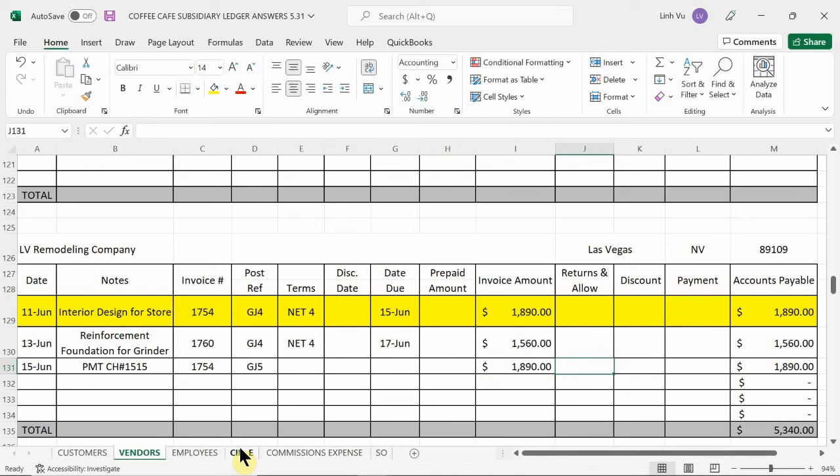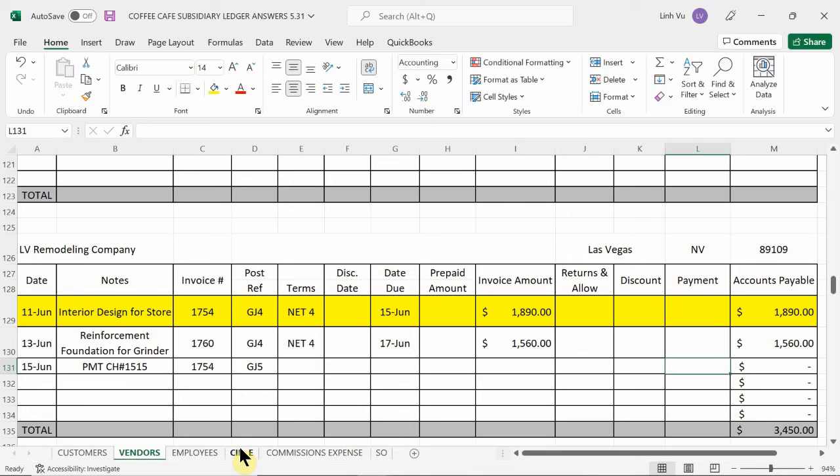But then we already have the invoice amount there. So can we just record the payment of 1890 there? Yes. We've already recorded that we have a bill, the invoice amount that we are charged for and that we owe.